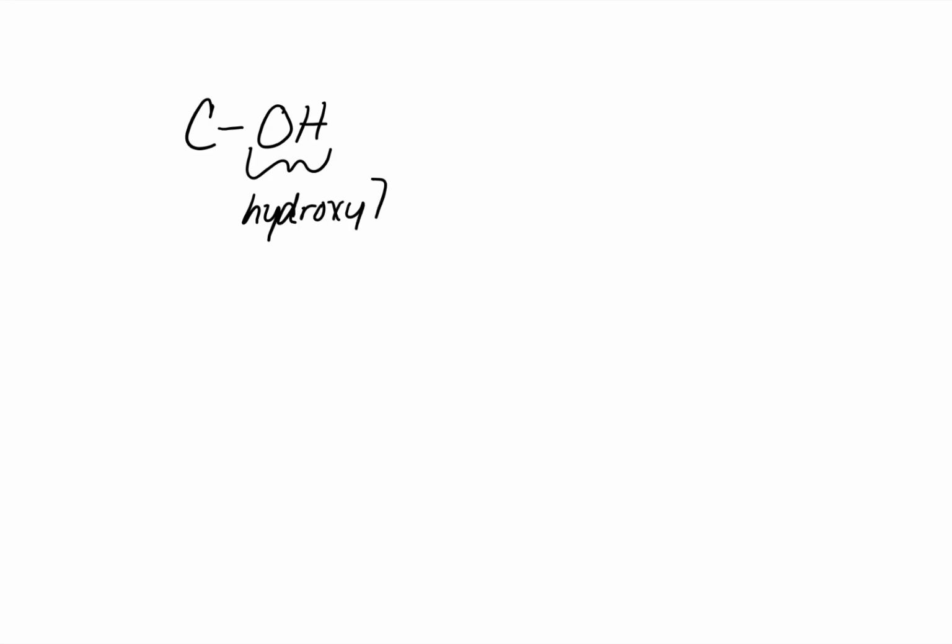And it doesn't matter if I draw this as an oxygen next to a hydrogen. What I mean here is that this oxygen that's covalently bonded to the carbon is also covalently bonded to that hydrogen. So there is a covalent bond between this oxygen and hydrogen atom. We just don't show it.